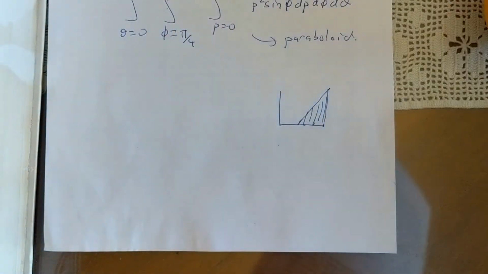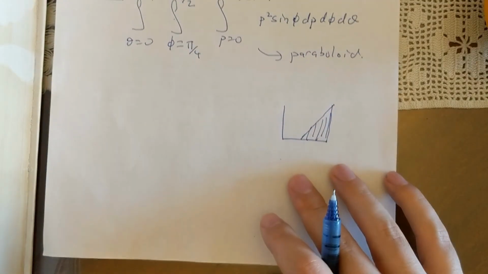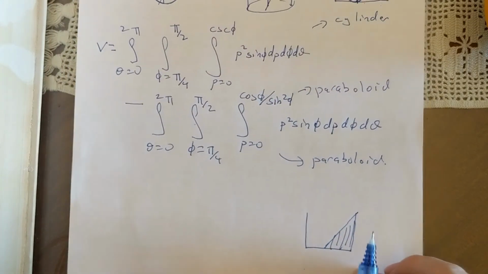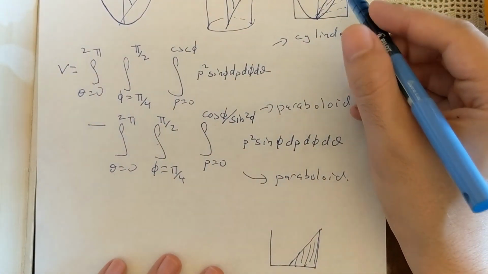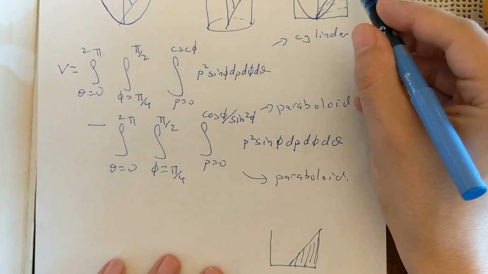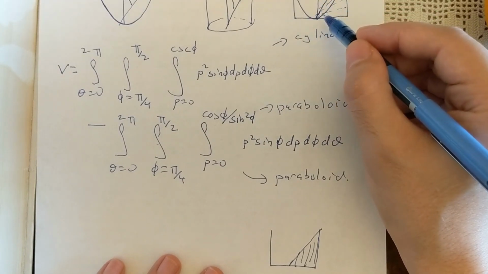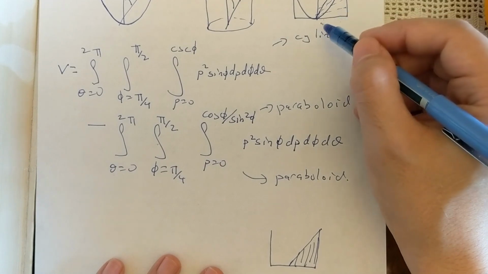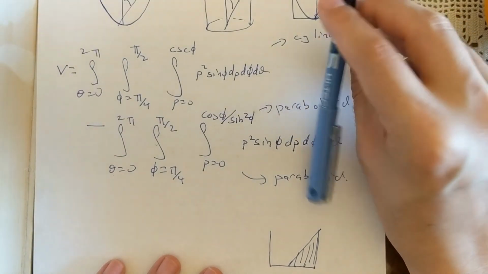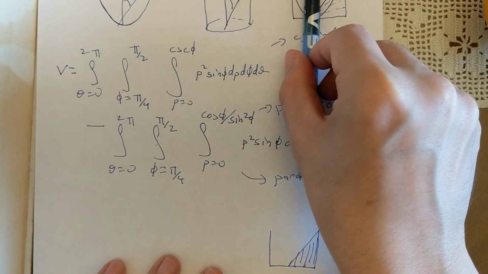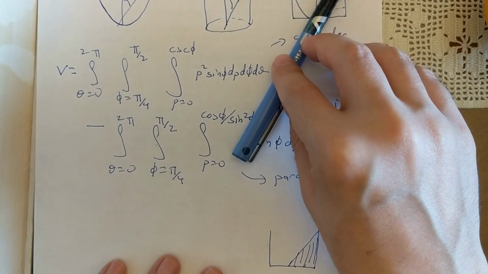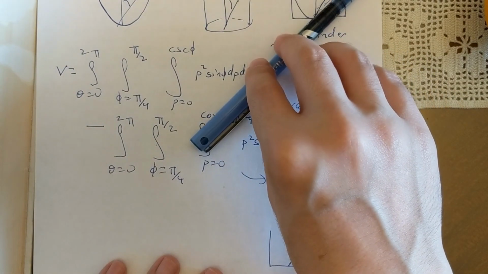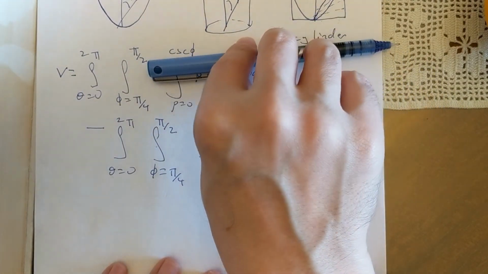So finally, let's try to set this up. Okay, so now we have to be a little bit careful here. What we're going to have to do is calculate the volume of the cylinder, and then we're going to have to subtract the volume of the paraboloid. The reason is this. Again, think about what you're shading with your pen. At pi over 4 they intersected, so I have to go from pi over 4 to pi over 2.